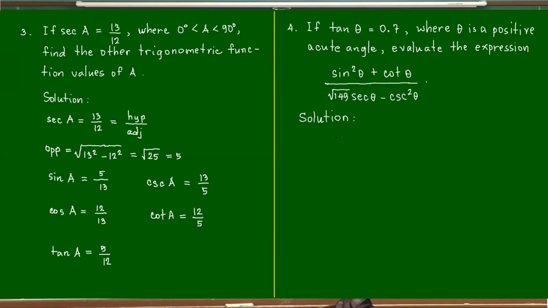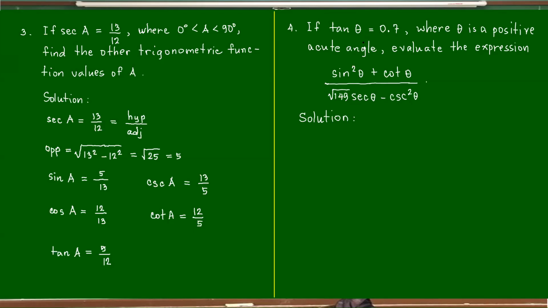So this video is to be shared. Number 4: if tangent theta is equal to 0.7, where theta is a positive acute angle, evaluate the expression sine squared theta plus cotangent theta, all over square root of 149 secant theta minus cosecant squared theta. What's the value of this expression if you're given tangent theta equals 0.7?